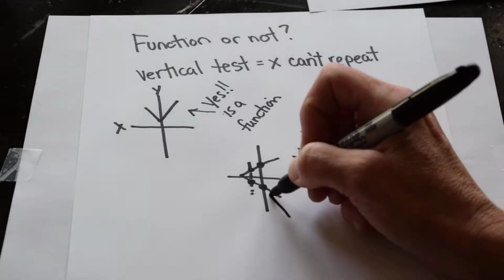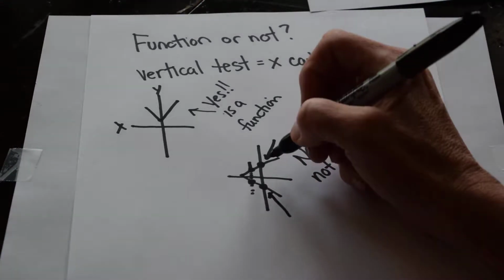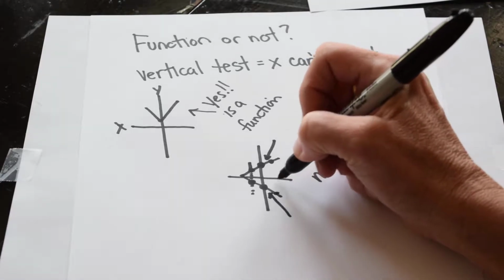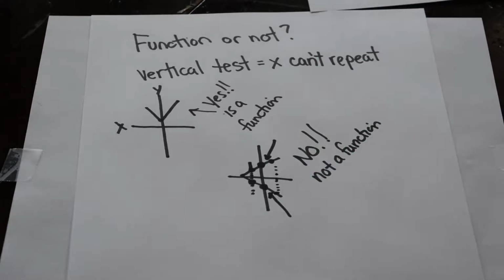If I were to take my ordered pairs, I would say, oh, the x's repeat right there. They repeat right here. So we're looking at this value. Does it repeat? And it does in both cases, taking that vertical line and going around. So those are the is it a function or not a function criteria.